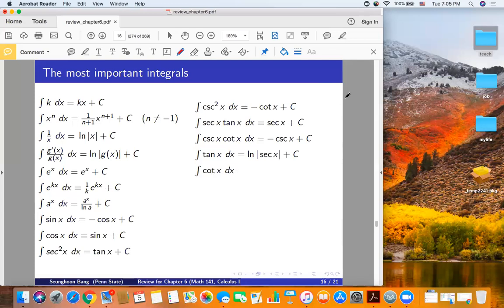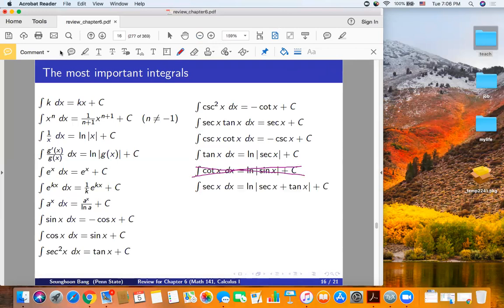Do you know the integral of cotangent? This is the natural log of the absolute value of sine x plus c. You don't need to memorize this one, so don't worry about it.